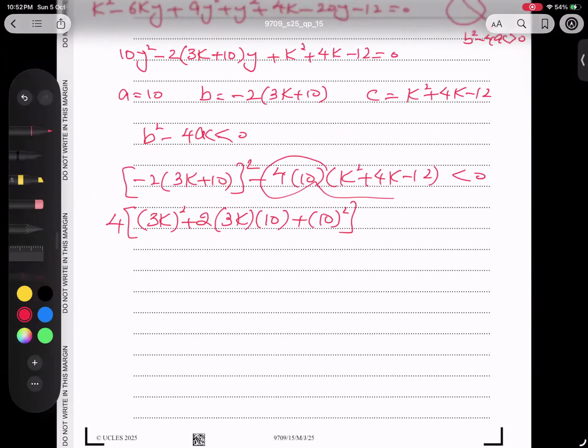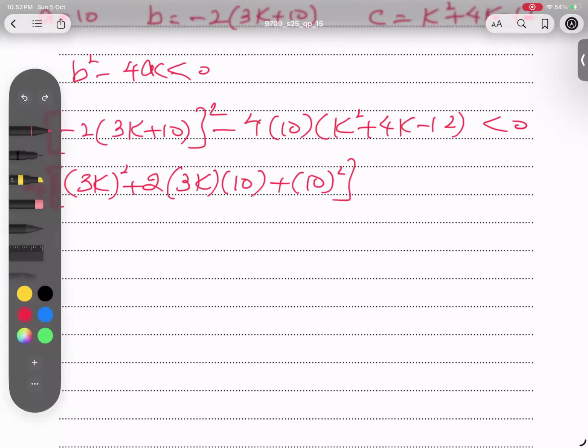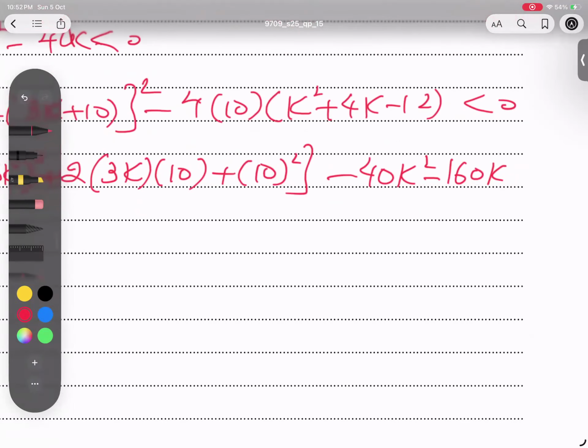Negative 40 multiplying inside, so I get negative 40k to power 2, negative 160k, and positive 120 into 4, 480. So I got 480 less than 0. Up till here, a lot of patience is required to solve this kind of question.